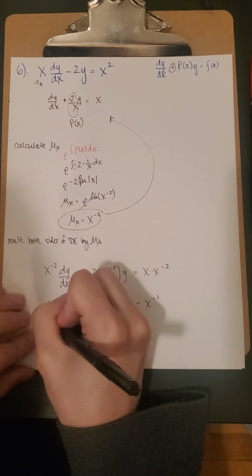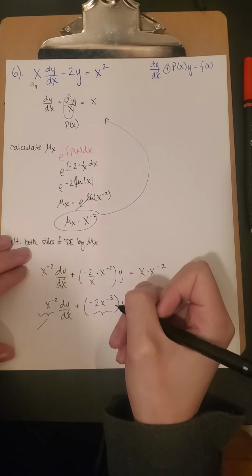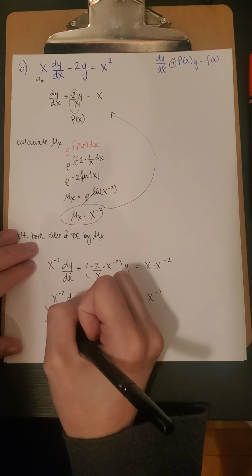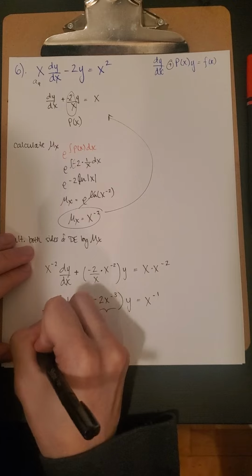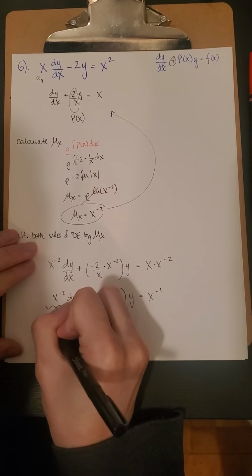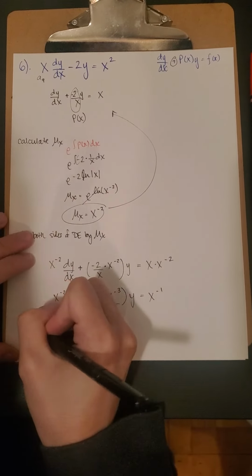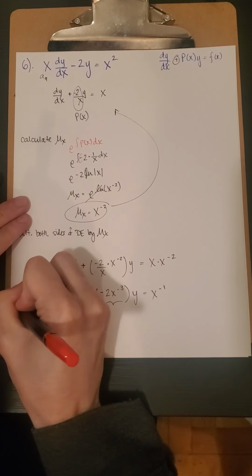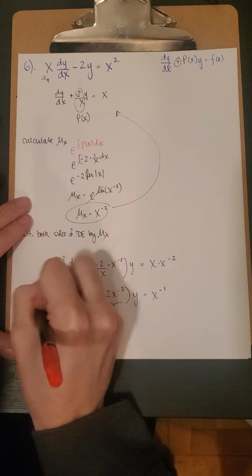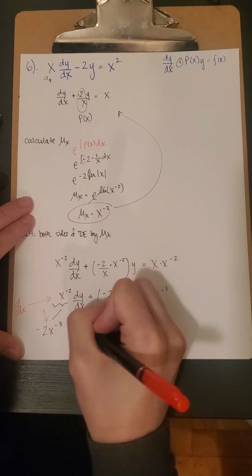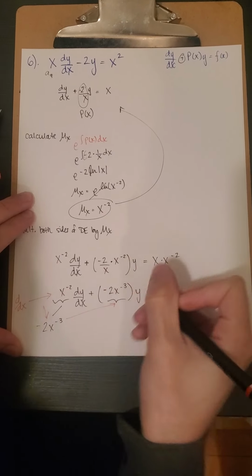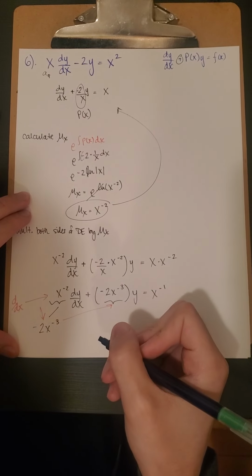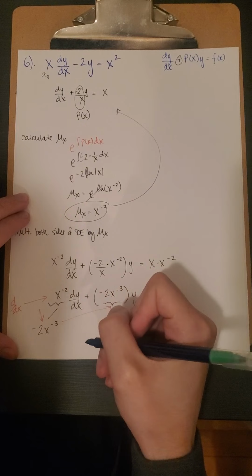What's nice about this is that if you use the chain rule and just take the derivative of this, you get negative 2x to the negative 3. So I'll write that over here. The derivative with respect to x of this gives you this, which we see over here, which is the whole point of how this works.